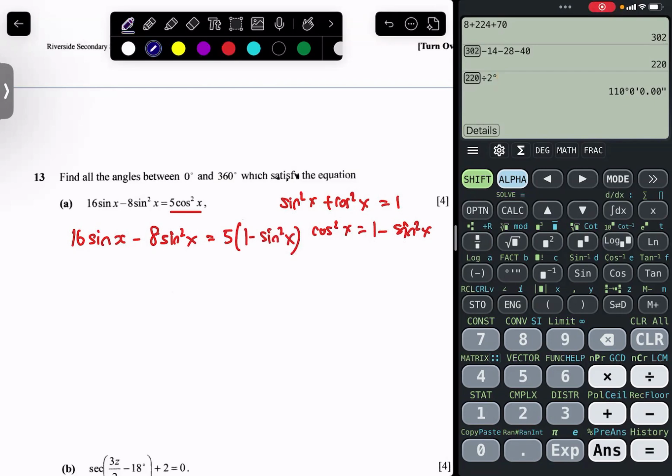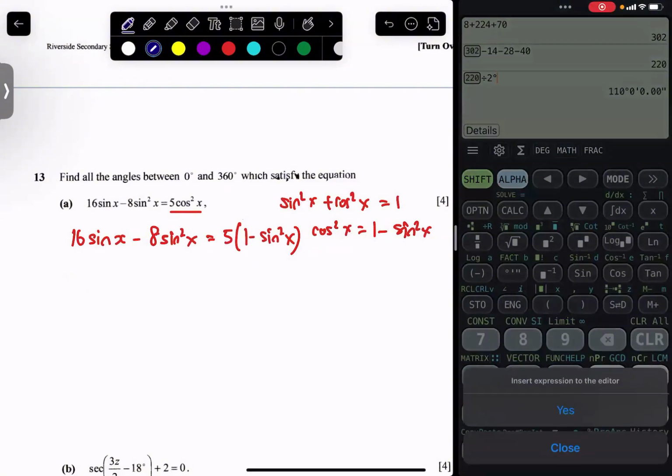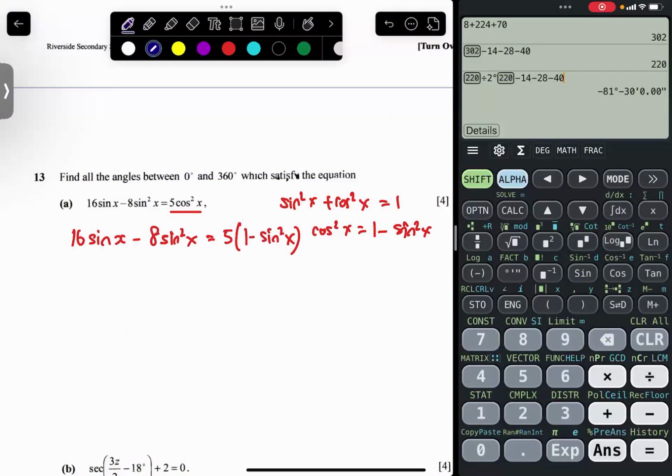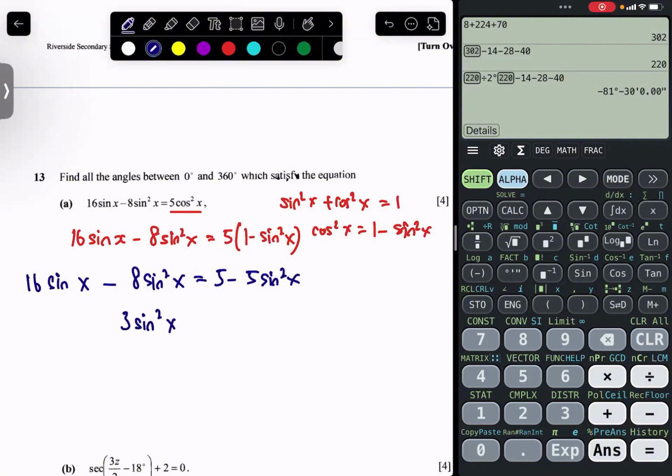So 16 sine x minus 8 sine squared x equals 5 minus 5 sine squared x. Since negative 8 is greater on the left hand side, we shift it over to the right hand side. So we'll have 3 sine squared x minus 16 sine x plus 5 equals 0.